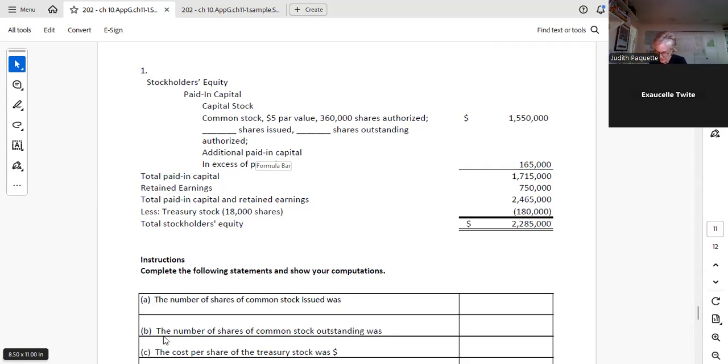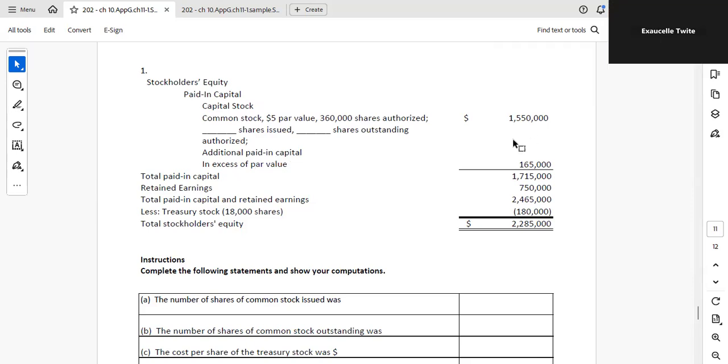So let's take a look. If we look at this problem, this is where you get part of the statement of stockholders' equity. This is where I'm really testing you on, do you understand what these things mean?